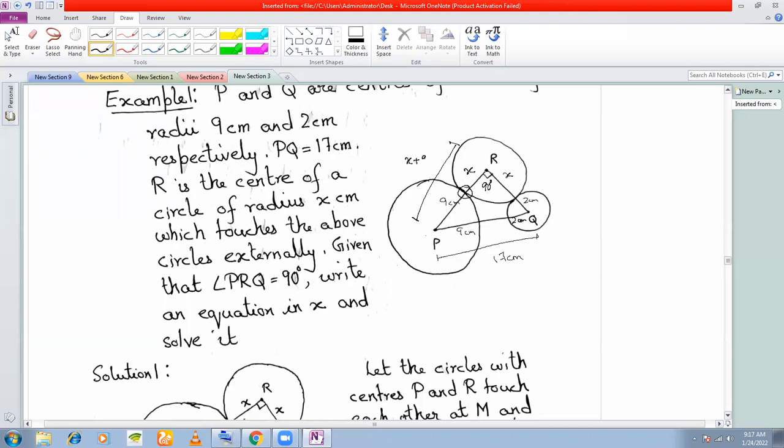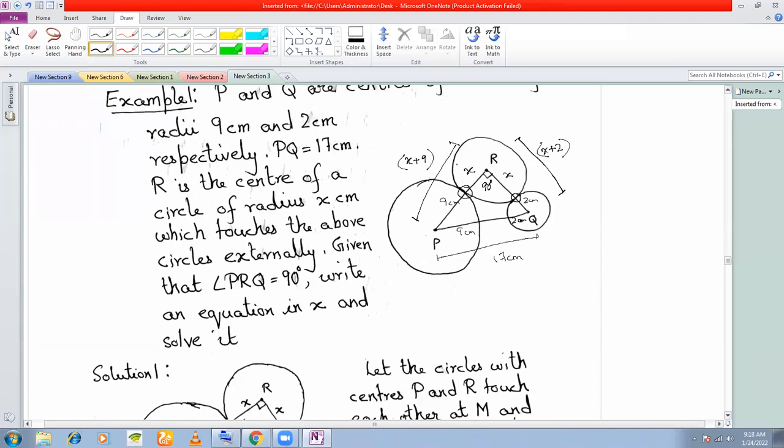X plus 9, right? And similarly here, these two circles touch each other. This is your RQ, the line joining the centers of the circles with center R and Q. Then it must pass through the point of contact, this one. That means this entire length will be X plus 2, the sum of the radii, right?